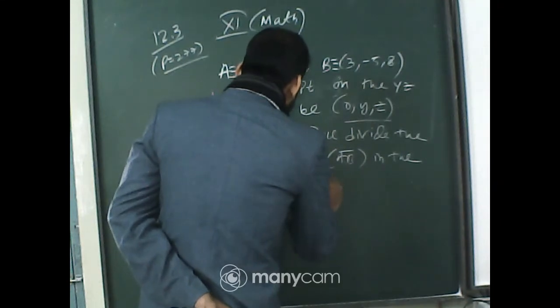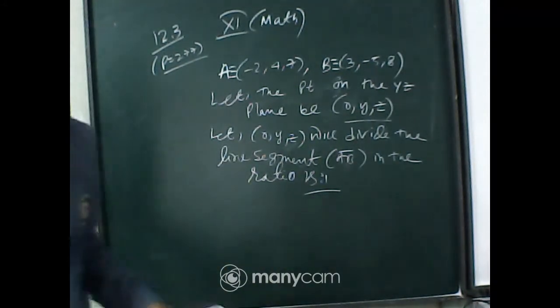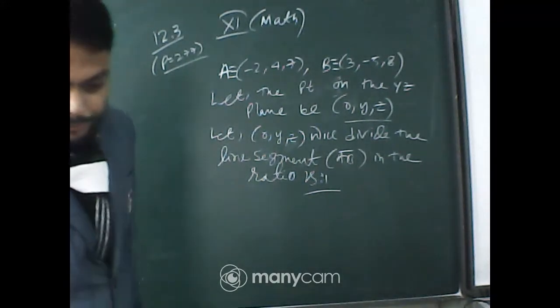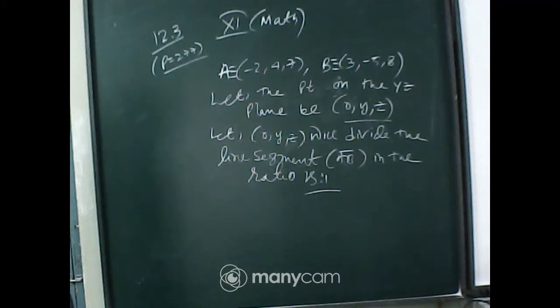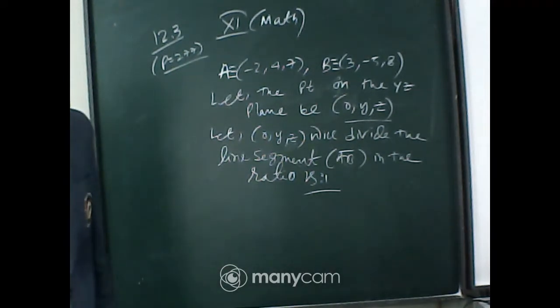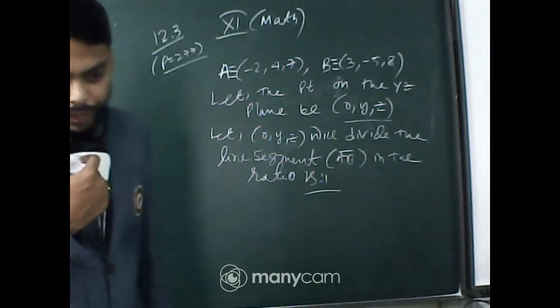You may take it as k is to 1. Isn't it? Now find out the point, because A and B are given here.